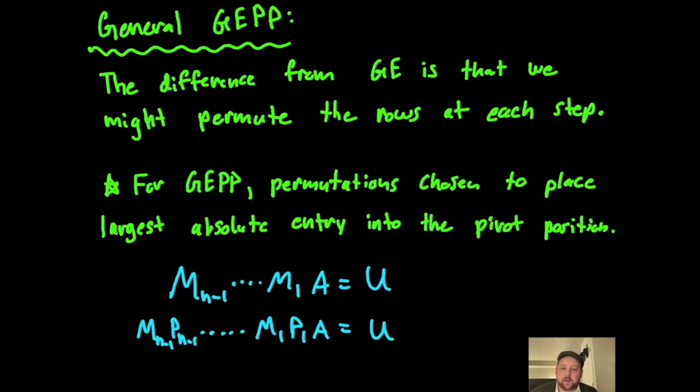Because it accounts for the fact that I might be trying to make a different entry a pivot instead of the one that naturally showed up had I just done Gaussian elimination with no pivoting.